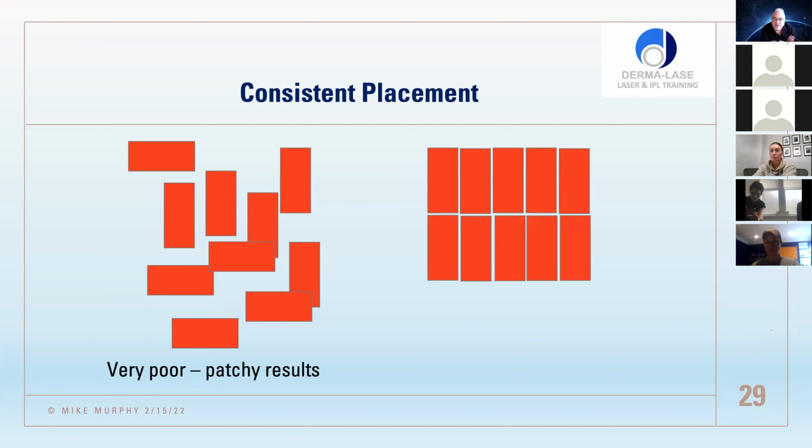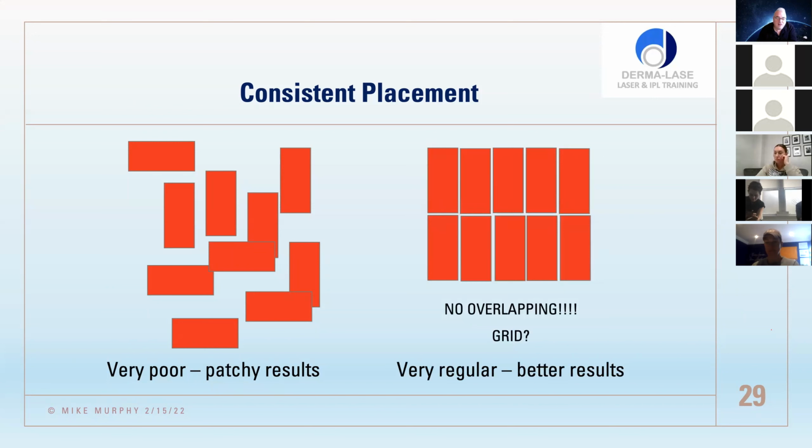You want to get a nice, consistent placement of the shots, close together, but not overlapping. Overlapping is not good because it can overheat those areas. In some sort of a grid formation. Now, some people I know do use a grid, which is great, but a lot of people actually don't. They use this thing on the left, which is just a bizarre, random collection of funny shapes.